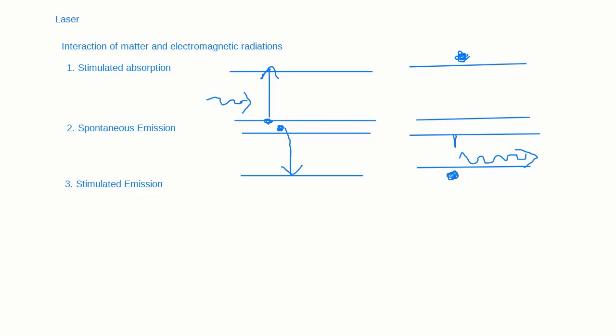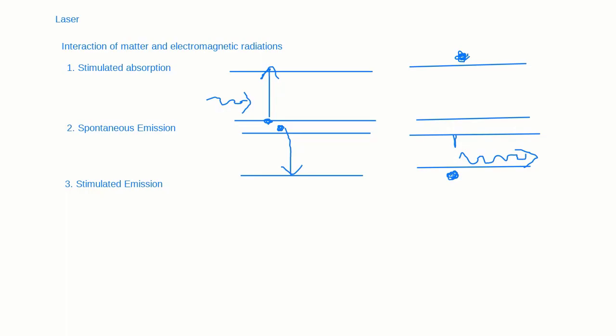If spontaneous emission takes place, the photons go in random directions. Other conventional sources, apart from lasers, emit incoherent light, because the light goes in all directions and is not in phase, so the photons are not related to each other.